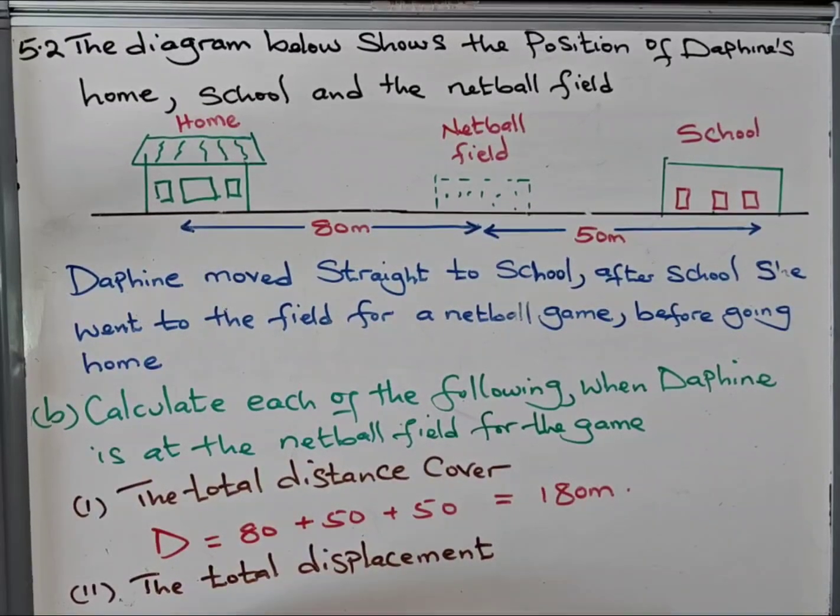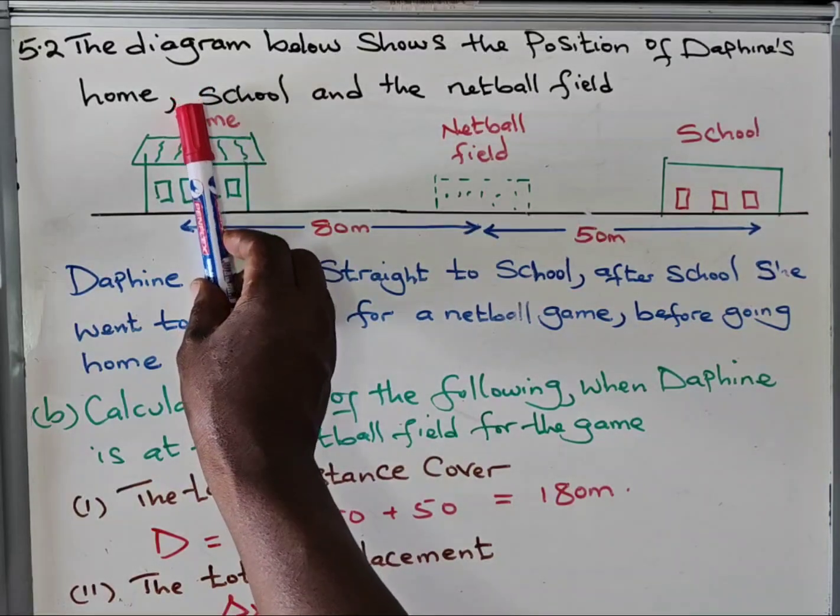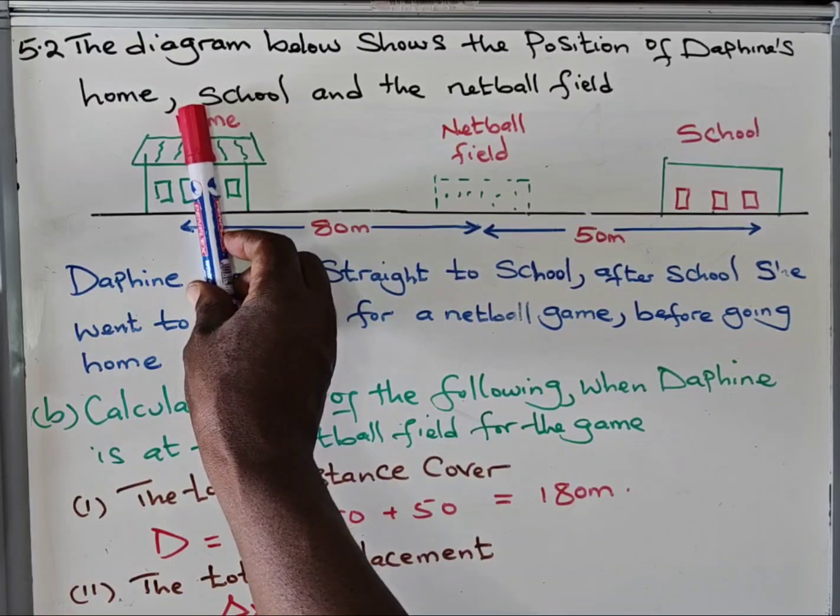Then we come to this one, the total displacement. And what is it? Displacement, which is delta x here, is supposed to be the shortest distance between the initial point and the final point.